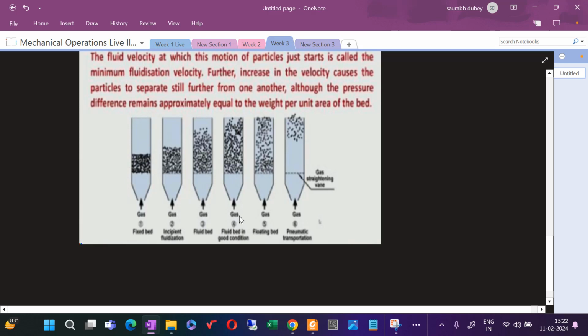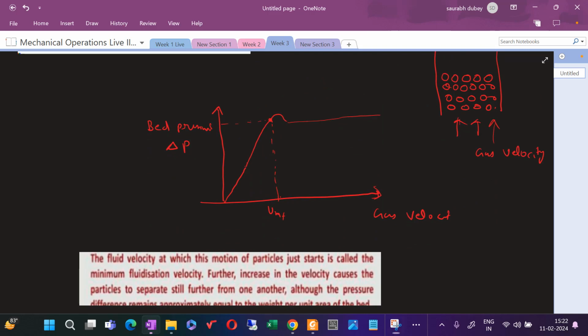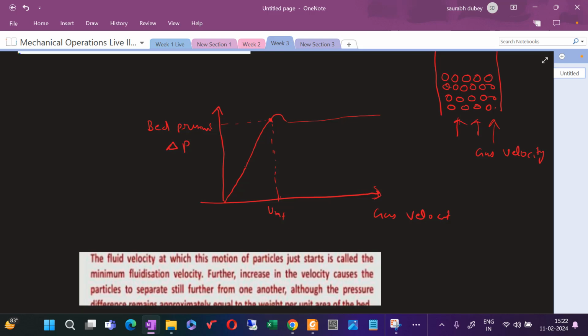But in the third, fourth and fifth, you actually see that starting from the second one, the relative motion started between the particles, and this motion is leading to the void.